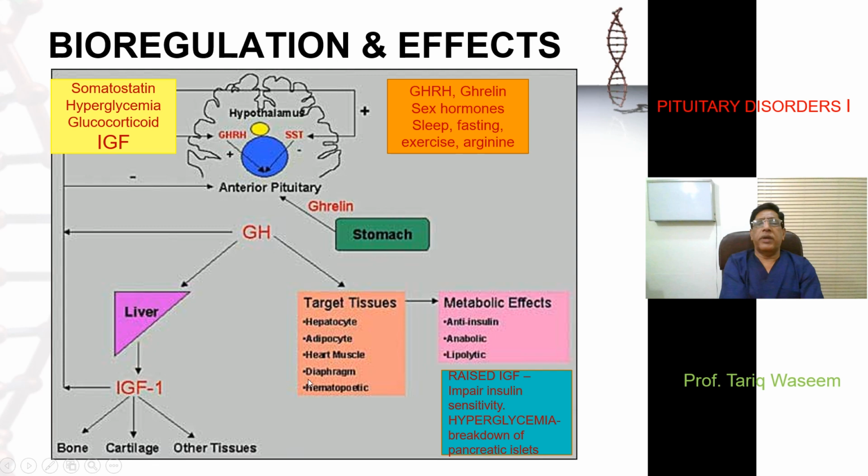Now, this is the whole mechanism of action of growth hormone on the pituitary, right? How it is inhibited, how it is stimulated, and how it has its effect not directly but through release of IGF-1 from the liver.